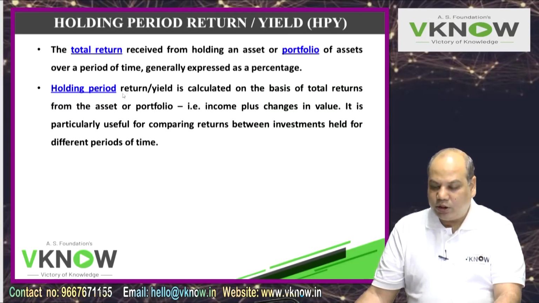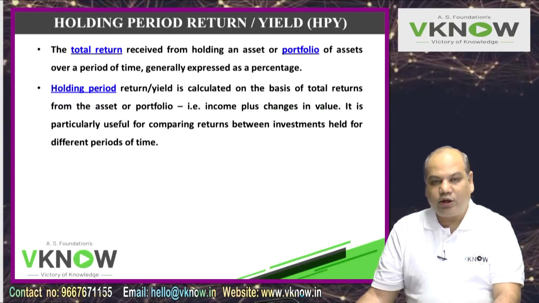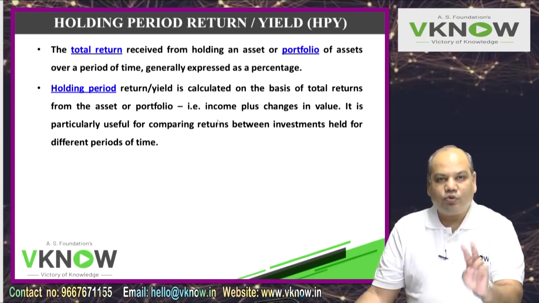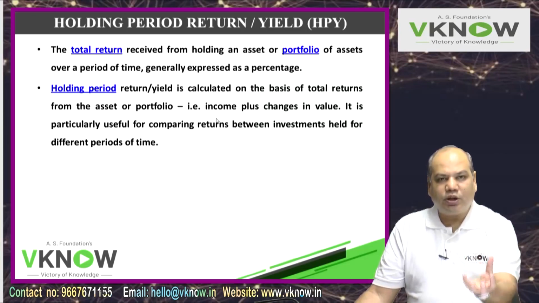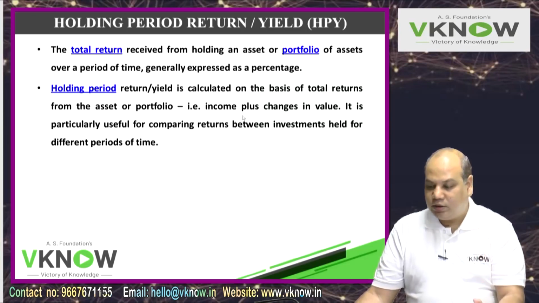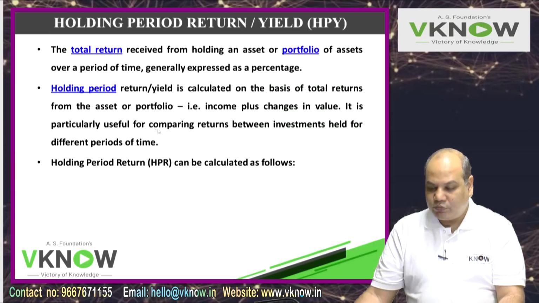The holding period return is calculated on the basis of total return from the asset or portfolio. Return consists of two things: the income that you get, which in case of a bond is interest, plus the change in value. It is particularly useful for comparing returns between investments held for different periods of time. So the purpose is to use it for comparison with different investment classes.